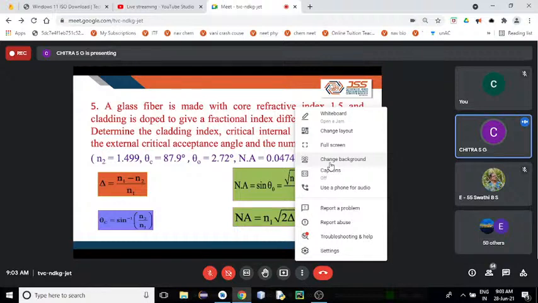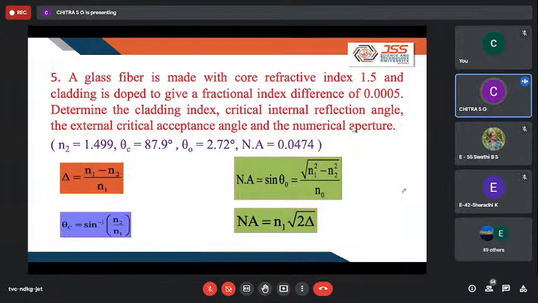Determine the cladding index, critical internal reflection angle, that is critical angle of incidence, the external critical acceptance angle, means angle of acceptance, and numerical aperture.